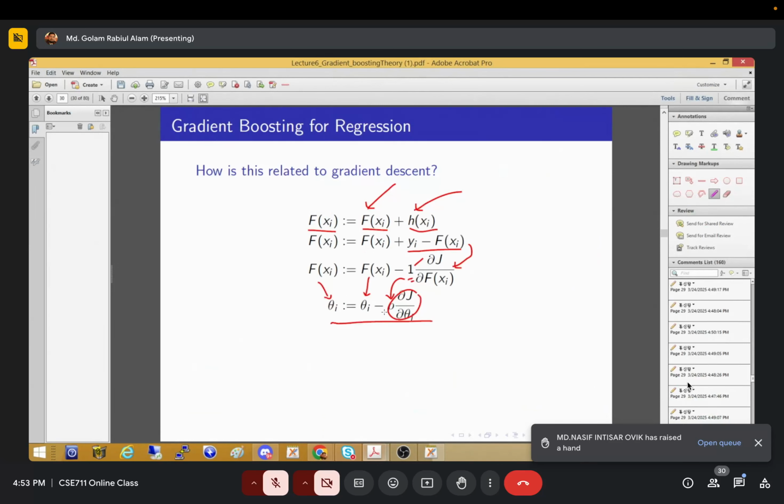So now, if we put the value in this equation, previously we wrote f of x equals f of x plus h of x.